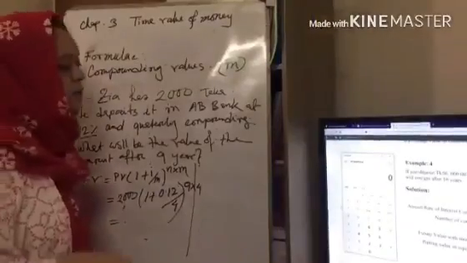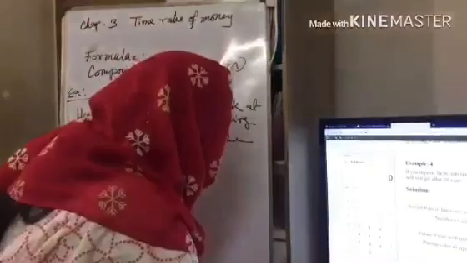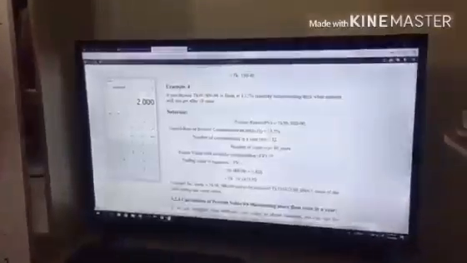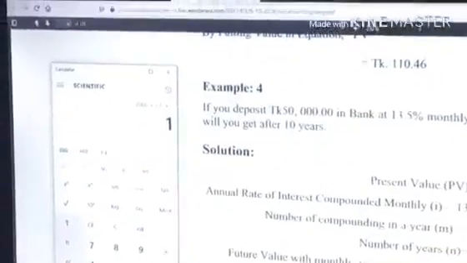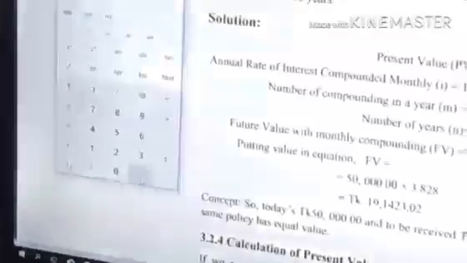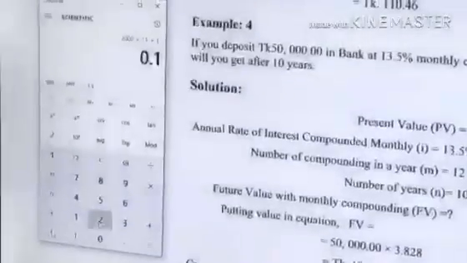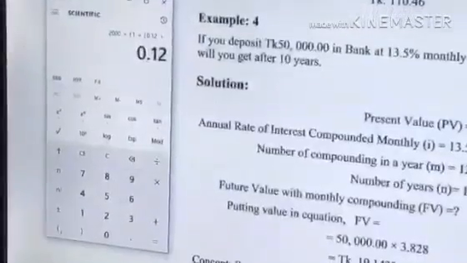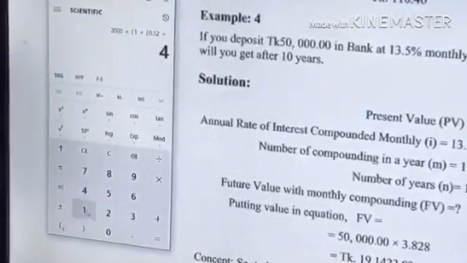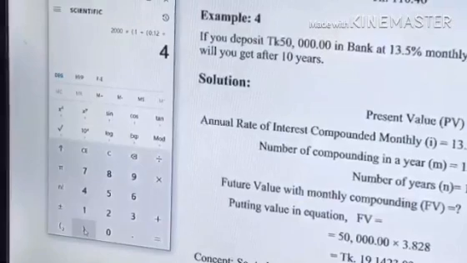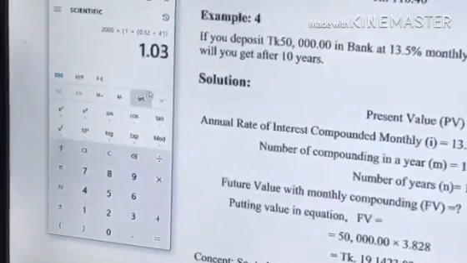The calculation is here: 2000 multiply first bracket 1 plus another bracket 0.12 divided by 4, the M's value, bracket close, and then again bracket to the power 9 4s are 36.